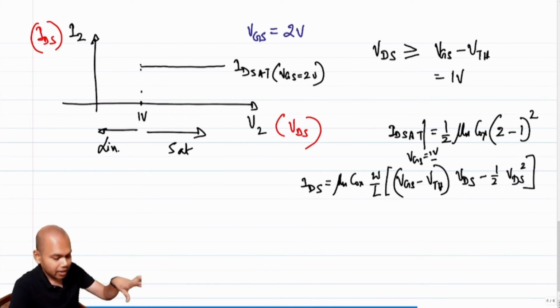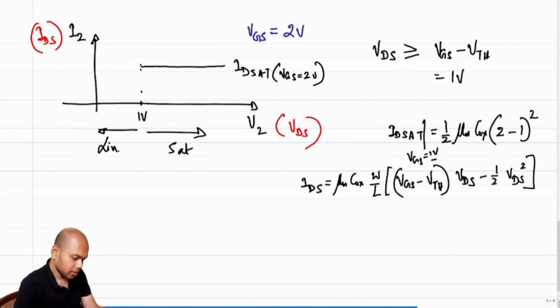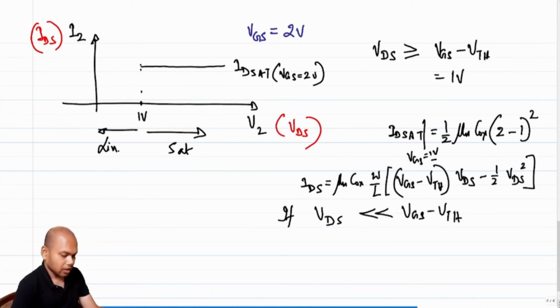If VDS is much less than VGS minus threshold voltage, I can neglect this term, and my IDS becomes mu n Cox W over L times VGS minus threshold voltage times VDS, which means it becomes a straight line.